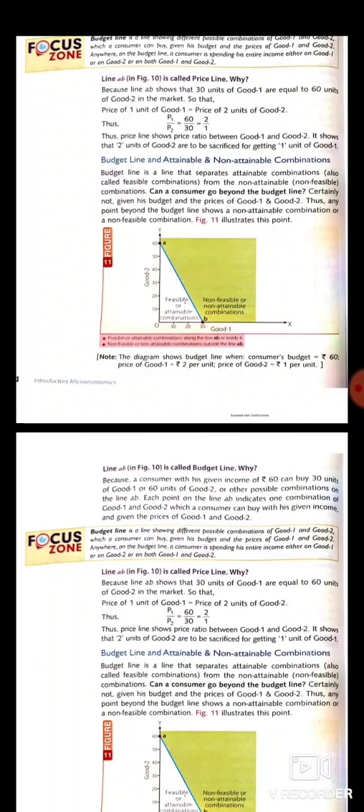And non-attainable combinations are those combinations which cannot be purchased with given level of income. Or we can say that the income of the consumer is less if he wants to purchase those combinations of commodities.